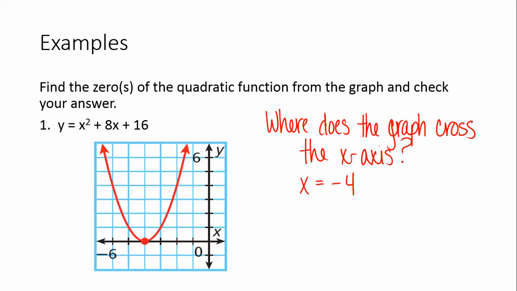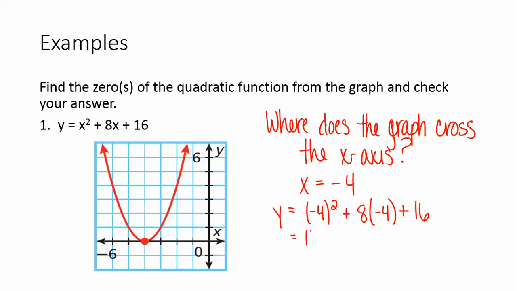It also says to check your answer. Remember, when we check our answer, we're going to plug that x value in, and we're going to verify that we get 0 for y. So when I plug in a -4, squaring -4 plus 8 times -4 plus 16.